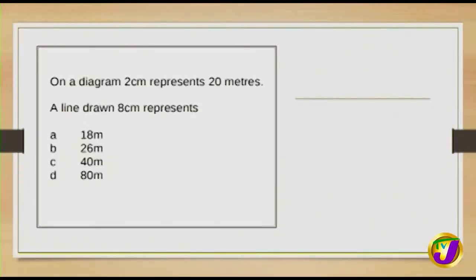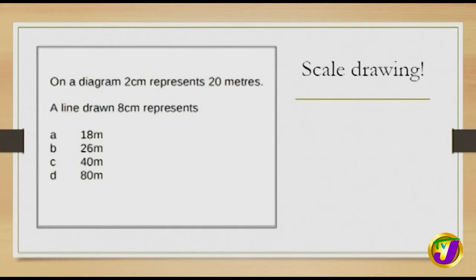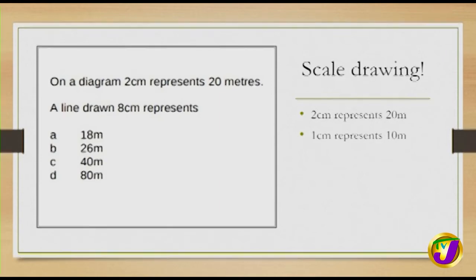A line drawn 8 centimeters represents, all right, so we need to look at some of the information that we have here. So 2 centimeters represents 20 meters. That's the first thing they tell us. What else can we do? So if 2 represents 20, 1 represents 10. Good. So we know that 1 centimeter represents 10.